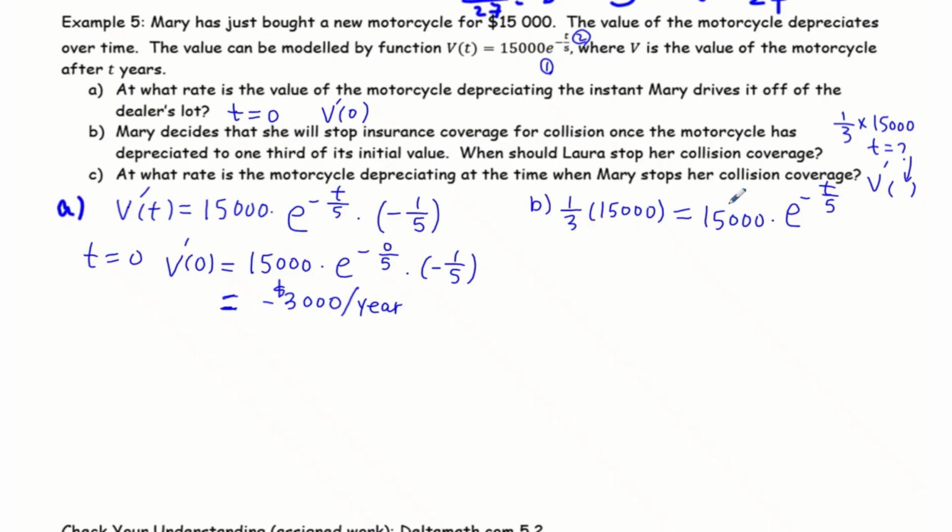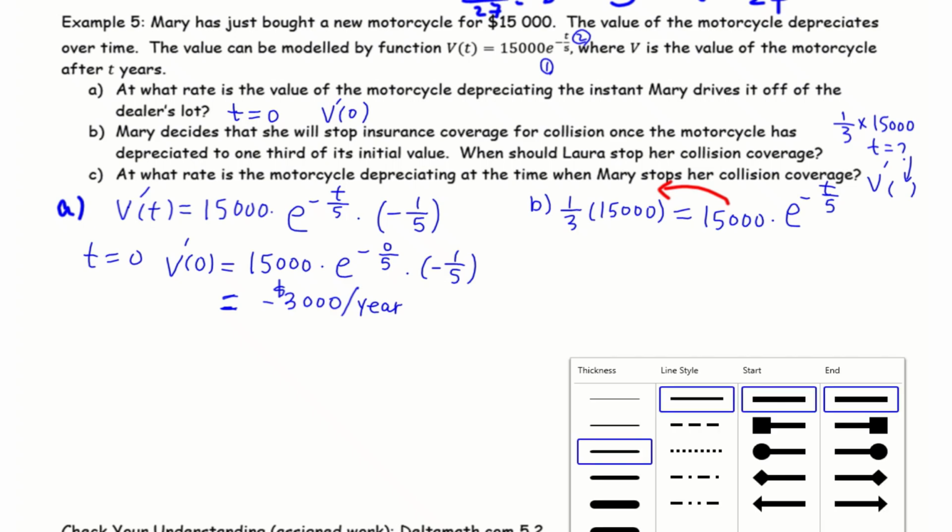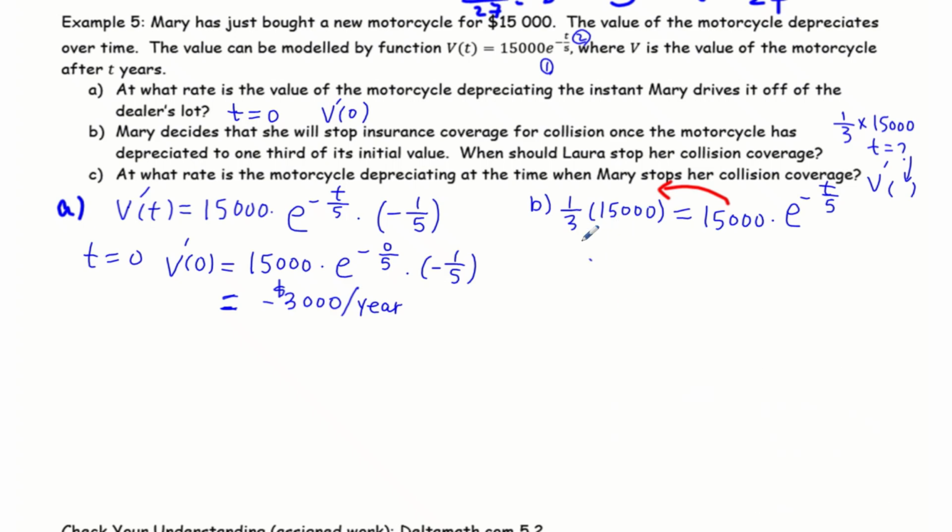We don't want to see the 15,000 on this side, so we move it to the other side by dividing by 15,000. So 1/3 equals e to the exponent negative t over 5.